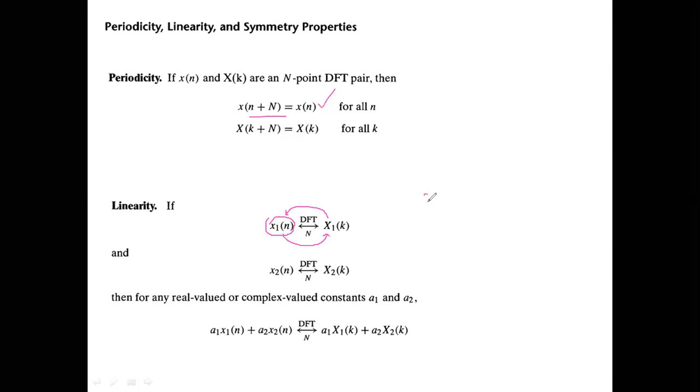Rather, it would become something like xp of n, which is equal to x of n only from 0 to N minus 1. Okay, right? That's what we have been telling. We will end up getting some xp of n, which is the periodic version of x of n. That means it is x of n repeating after every N samples. Okay, this is one property.